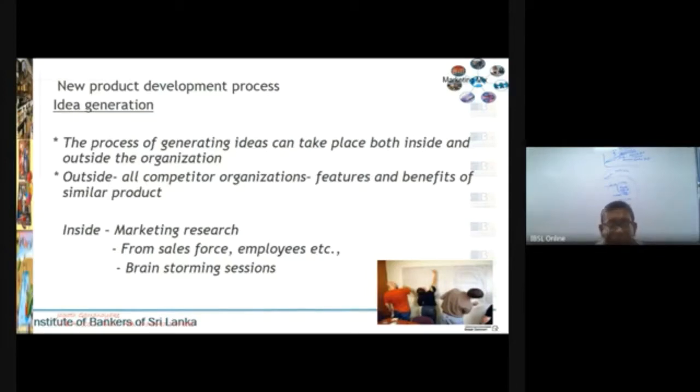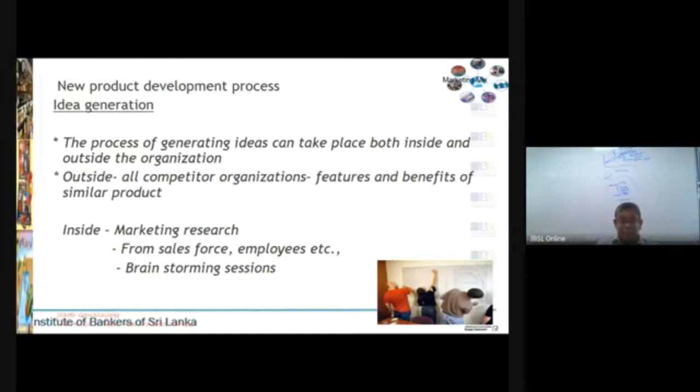What benefits are they offering to the customer? Or otherwise you can do marketing research. You go to the town and house to house and ask children and parents what type of products they like. You have an idea generated.